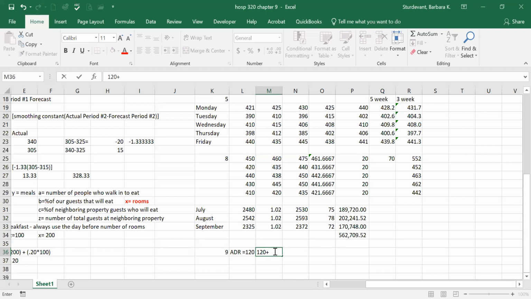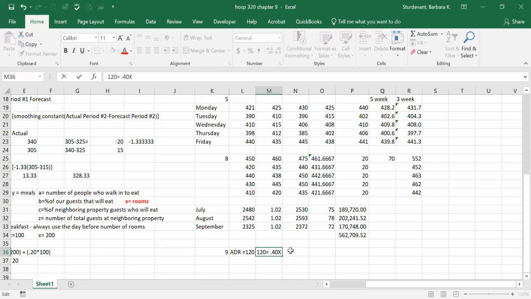Percentage-wise, if doubles were 60%, that means that singles are 40%. So 40%, and I'm going to put an X in there. This is supposed to be an equals.